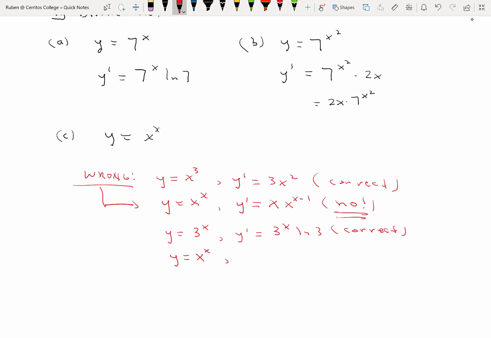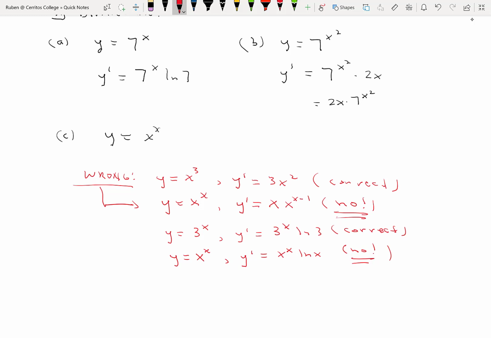If I did that, I would be writing x to the x times the natural log of the base, and that's a real big no-no. You can't do that.